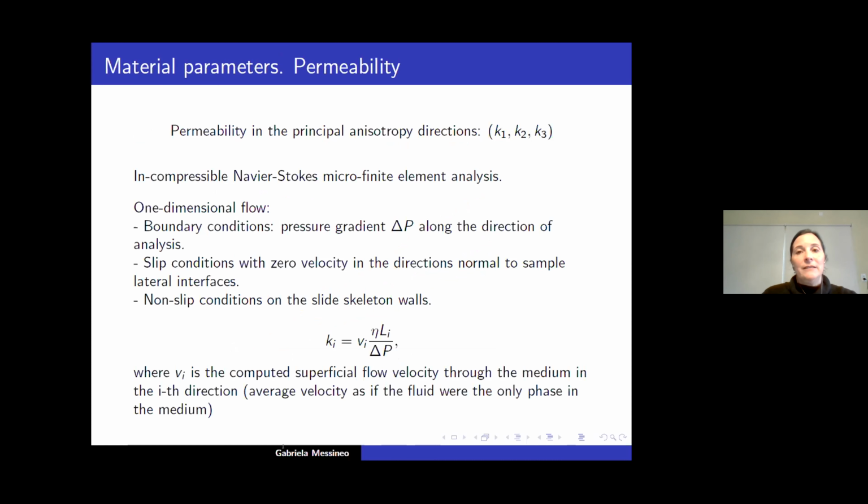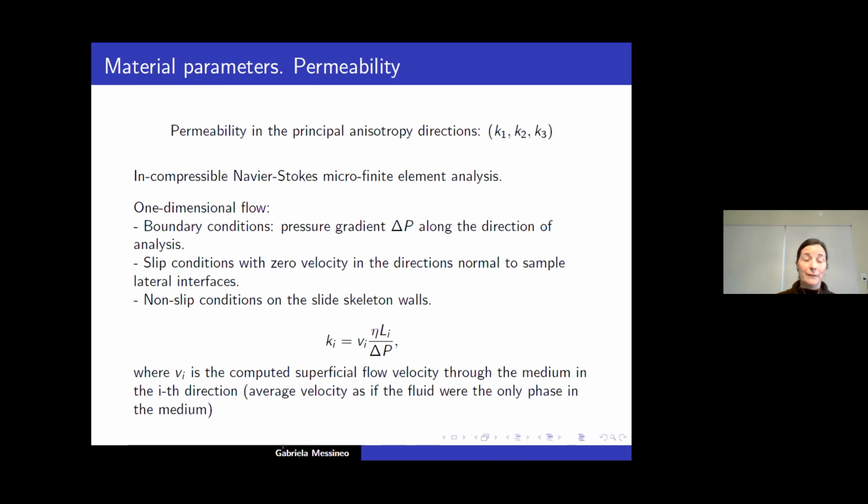Well, the permeabilities in the three principal anisotropy directions were also calculated using homogenization schemes, but in this case we use Navier-Stokes micro finite element analysis for incompressible fluids. The calculus is analogous to the one for the elastic tensor, only that here we use 3 loading cases instead of 6. In order to induce one-dimensional flow, the boundary conditions consist in the specification of a pressure gradient and specific slip conditions.